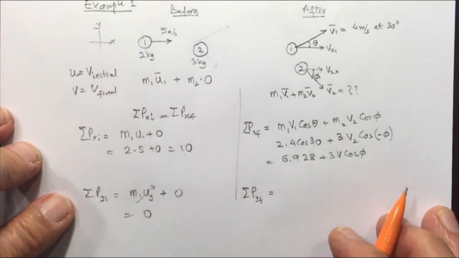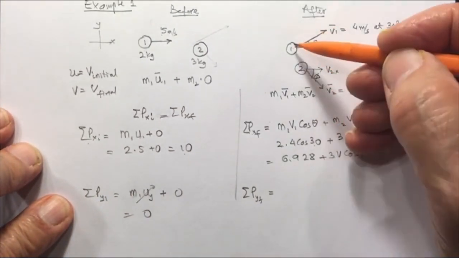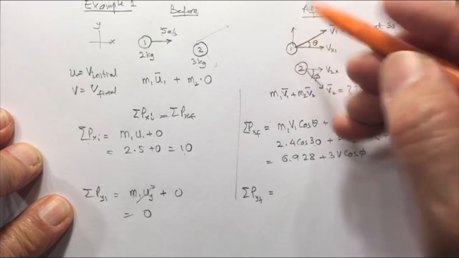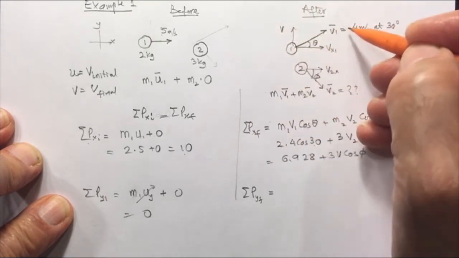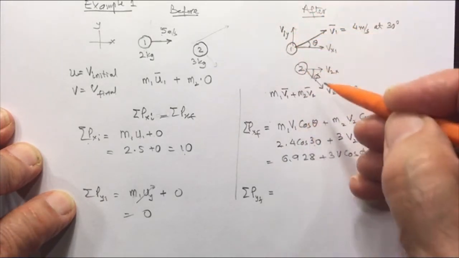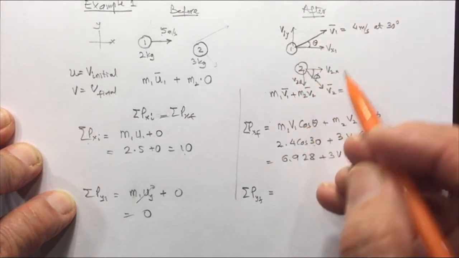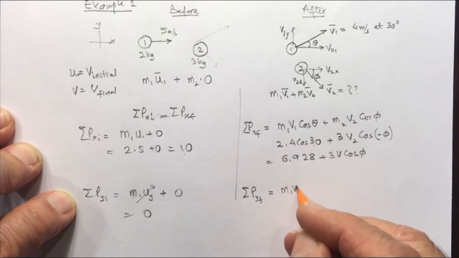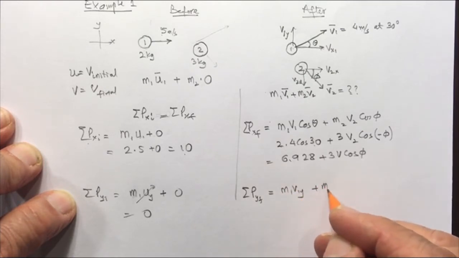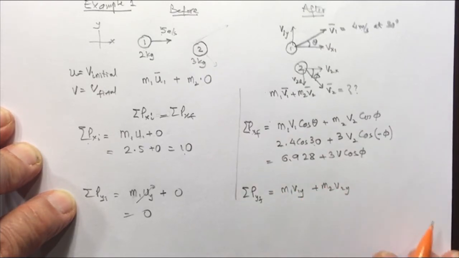And in the y direction here we'll have v1 y, and here we'll have v2 y. So it's going to be m1 v1 y and m2 v2 y.